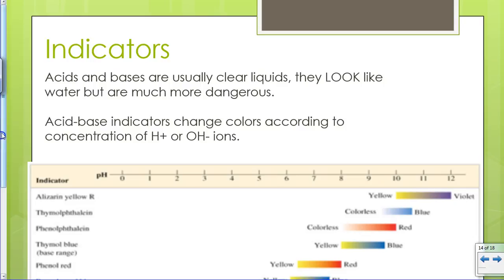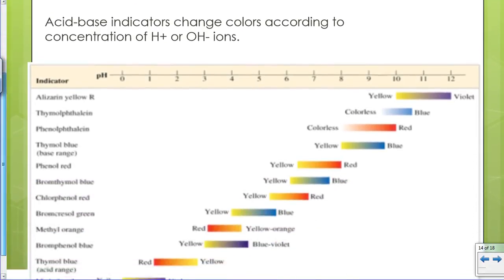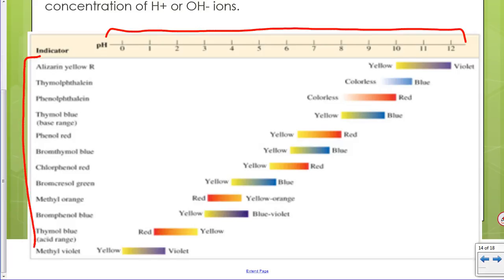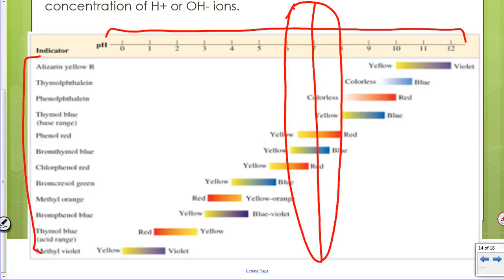If we can scroll down on this, there we go. We can see that across the top here, there are a whole bunch of pH ranges. Down here we see a whole list of indicators. There are indicators that change at different pHs. The ones we're going to be most concerned with would be 7. If you want to really think about this as a scale, neutral can actually exist from 6 to 8.